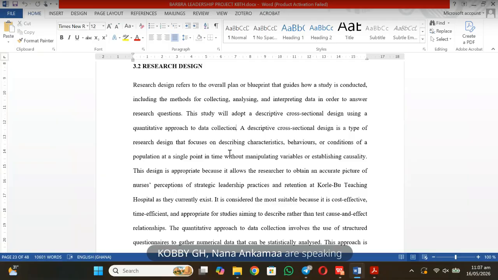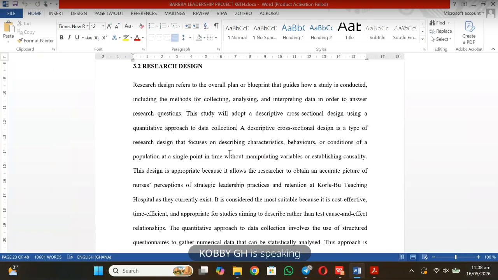How about if you want to do a qualitative study? This study will adopt an exploratory research design using a qualitative approach to data collection.